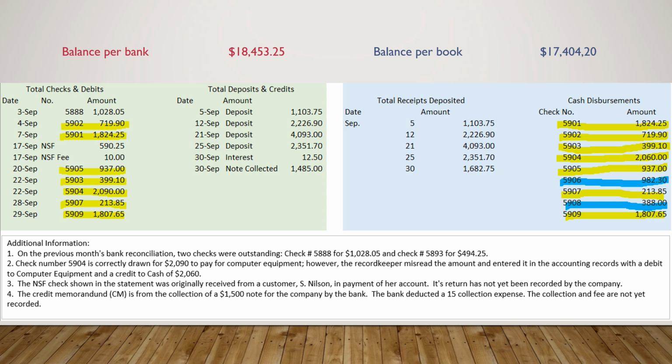So here we observe checks number 5906 and 5908 are outstanding. Furthermore, check number 5888 was outstanding as of the previous recon, and here we see it cleared on September 3rd. 5893, however, has not yet cleared, so that check is still outstanding.